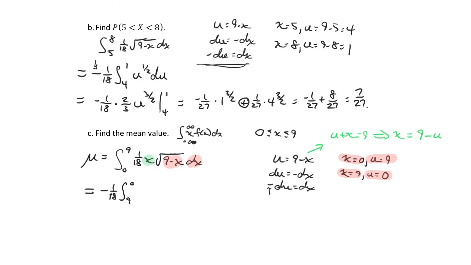And I've got the 1/18 factored out. x becomes 9 minus u. And then the square root of 9 minus x becomes u to the 1/2, the square root of u, du. I'm going to acknowledge the negative and switch the limits of integration here.